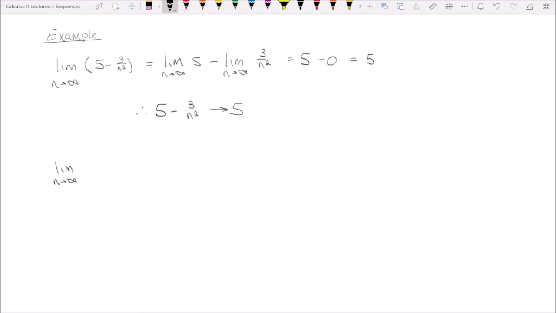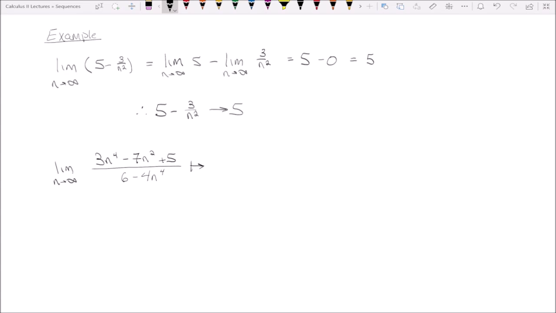So the limit as n approaches infinity of 3n to the 4th minus 7n squared plus 5 all over 6 minus 4n to the 4th. Right, now we can look at this and we go, well, in the numerator, the dominant term is this n to the 4th, right? In the denominator, the dominant term is n to the 4th.